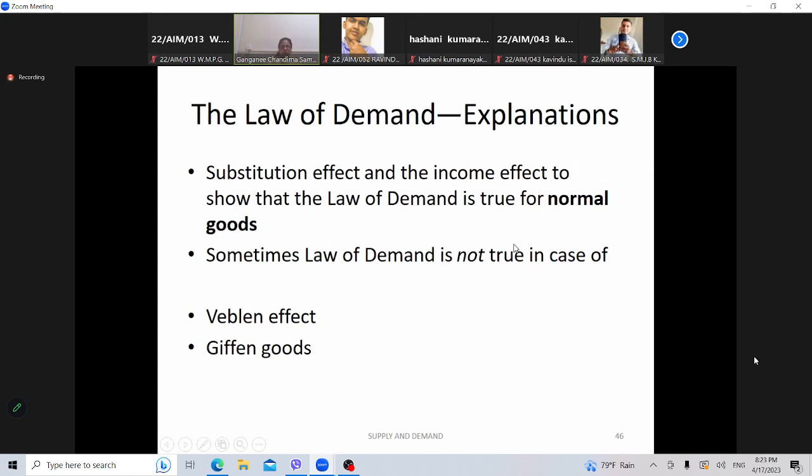If you know how to draw diagrams, it's very easy for you to explain things. So the substitute effect, you know, for normal goods the law of demand holds, but it is not true in case of Veblen and Giffen goods. Now we will see what is the Veblen effect and what are Giffen goods.